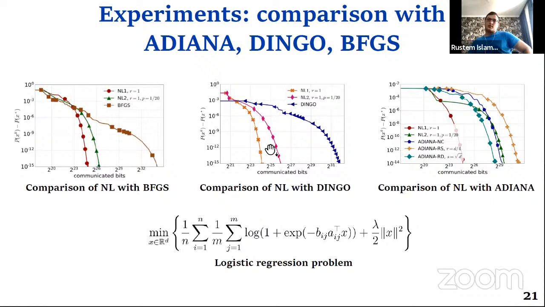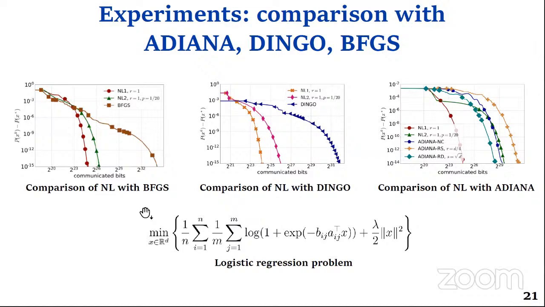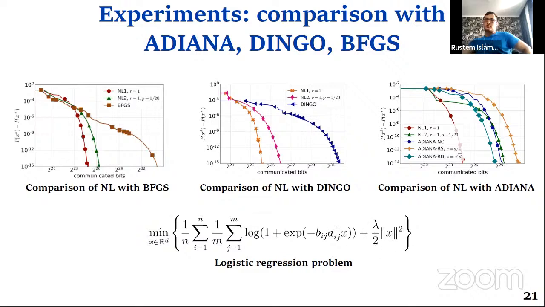Of course, this is really just the beginning of this new approach, and we should create, for example, better globalization strategies. But we hope that these local rates are a good point. So this is the idea of the paper. By the way, the logistic function is not strongly convex. Yeah, but if we add a regularization parameter, it is strongly convex. Okay. Thank you.